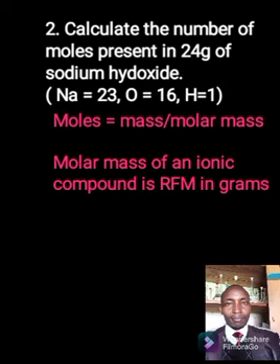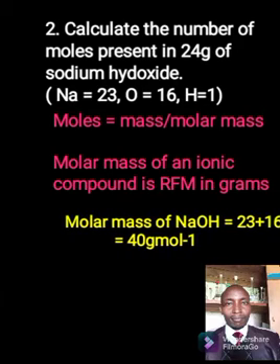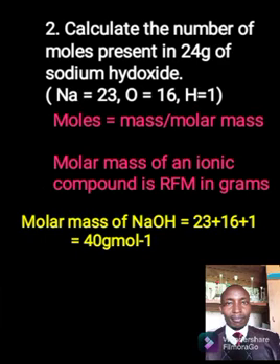And when you talk about an ionic compound, the molar mass will be the relative formula mass expressed in grams. For sodium hydroxide, the molar mass will be determined by adding 23, 16, and 1, and then you get 40 grams per mole. That's the molar mass of sodium hydroxide.